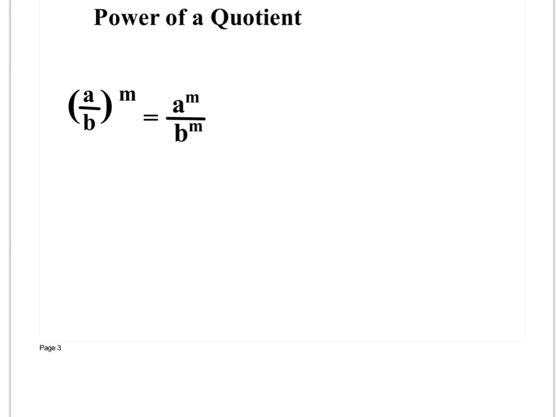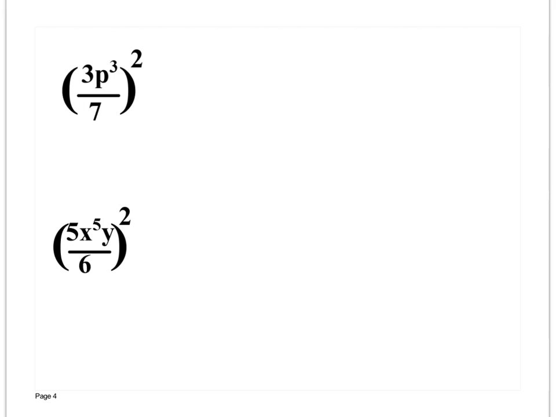Alright, when we have a power of a quotient, what we do is we just raise everything on the inside to that power. a divided by b, raised to the m power, is a to the m divided by b to the m. Easy enough. The first one is 3p cubed over 7, raised to the second power.